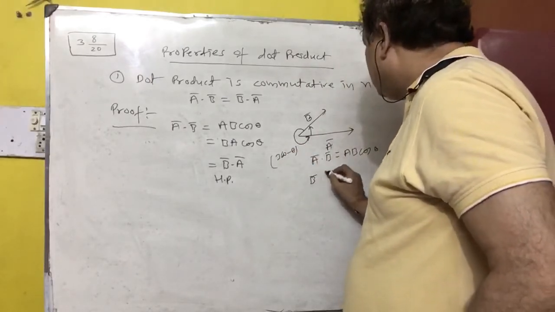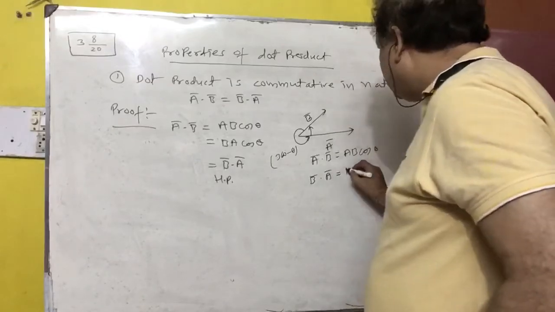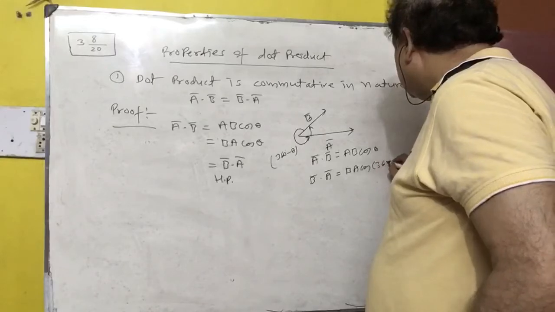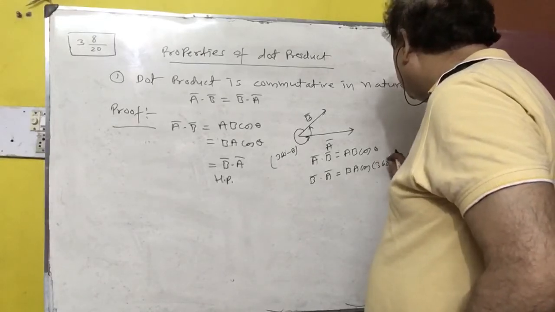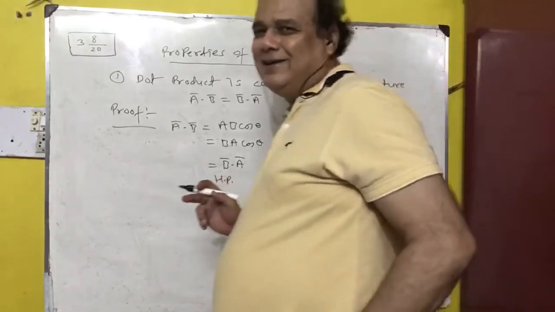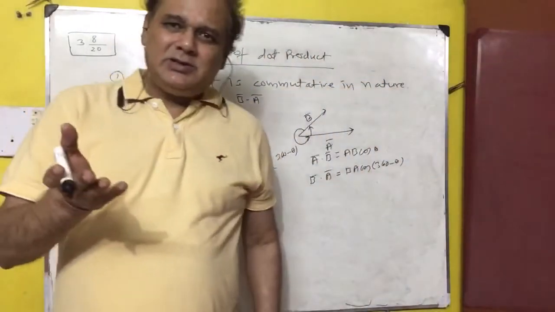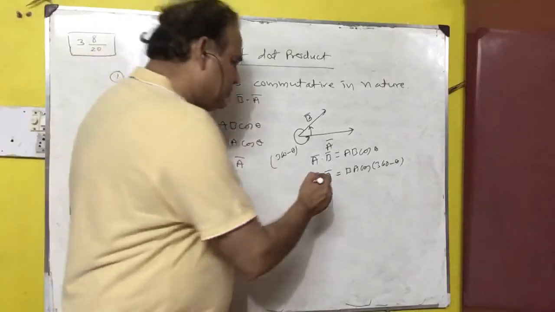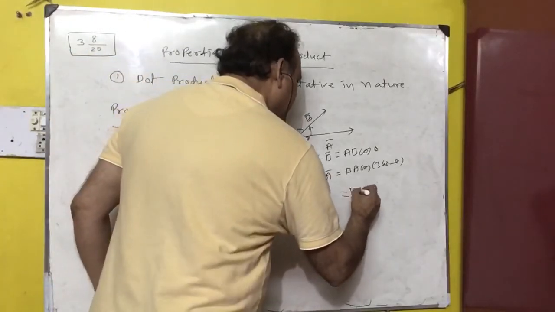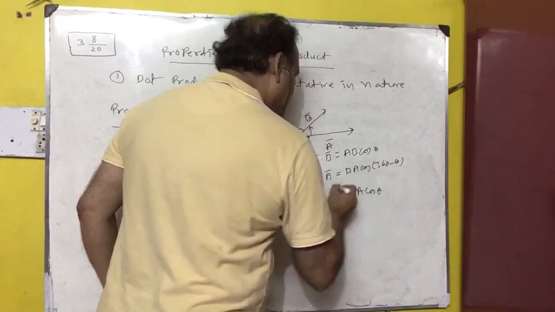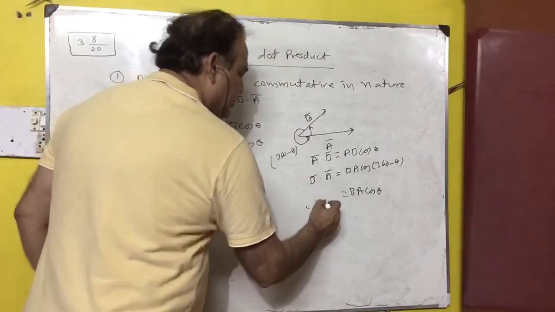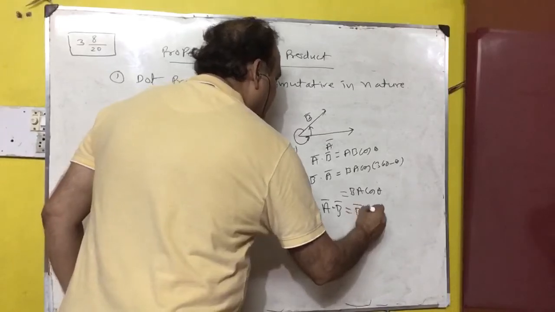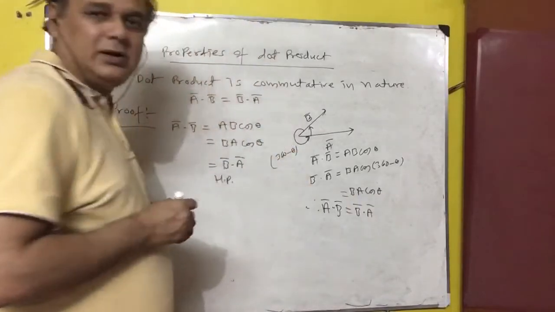So b vector dot a vector is equal to ba cos 360 minus theta. And you all are mathematics genius. What is 360 minus theta? Cos theta ही होता है boss. It means it is ba cos theta. So both are same. A vector dot b vector equal to b vector dot a vector.